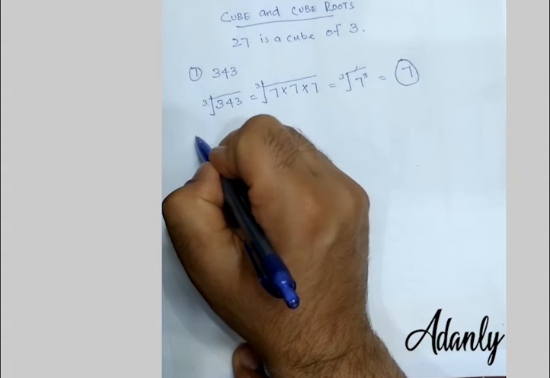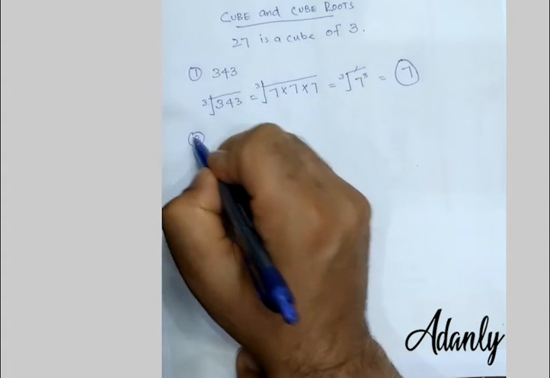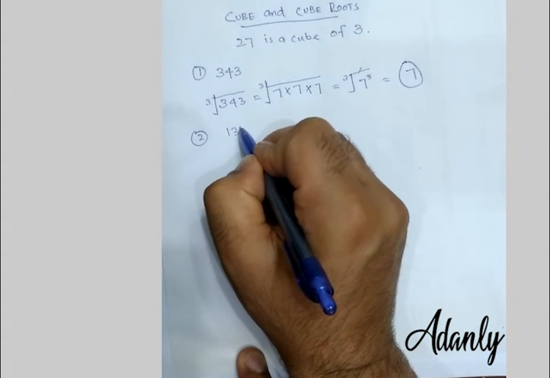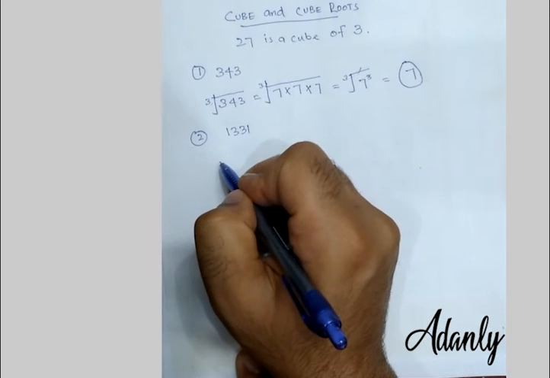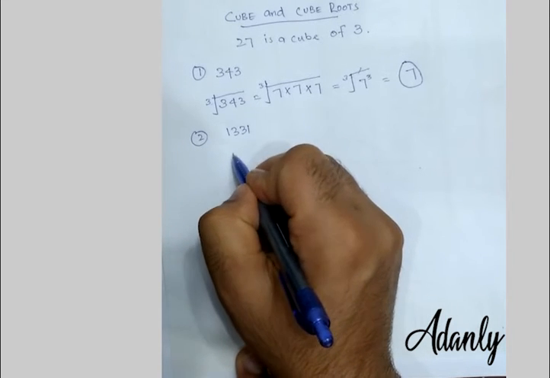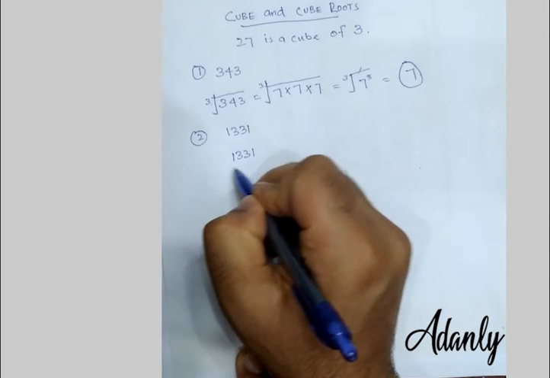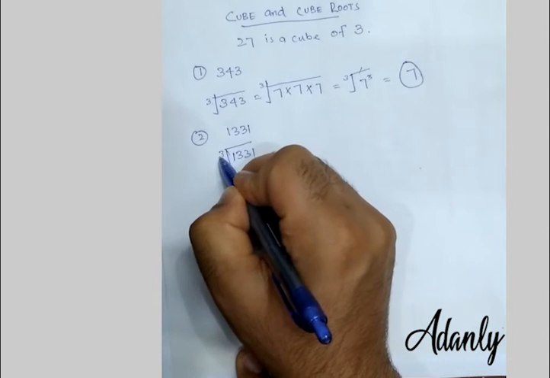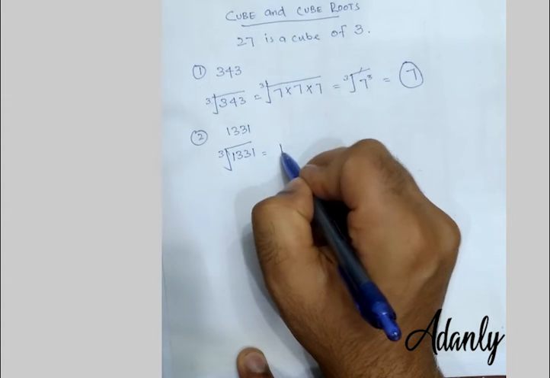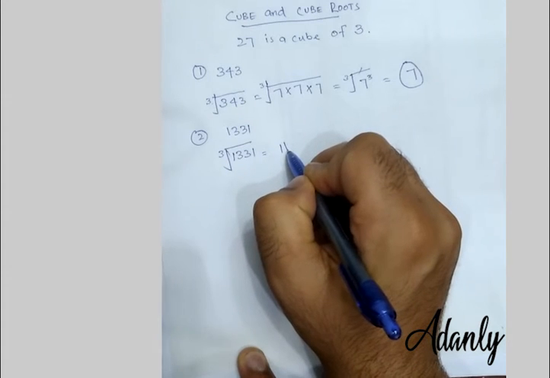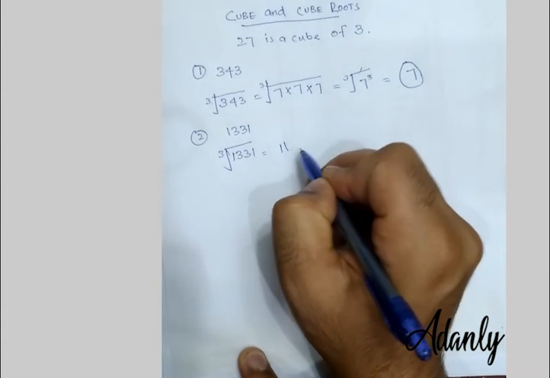Another example might be 1331. We have to find the cube root of 1331. So we'll write it as 1331 under the cube root. 11 is such a number which, if we multiply 3 times, will give us 1331.